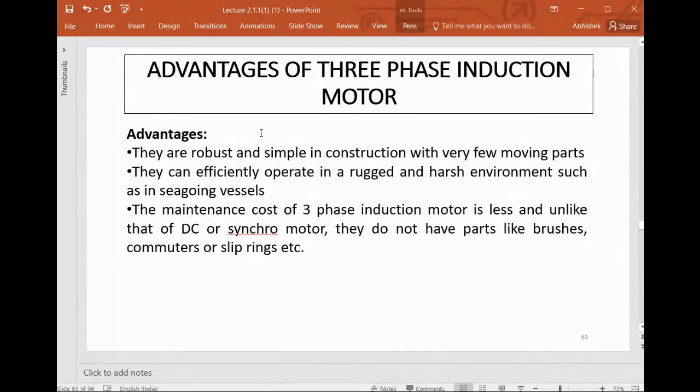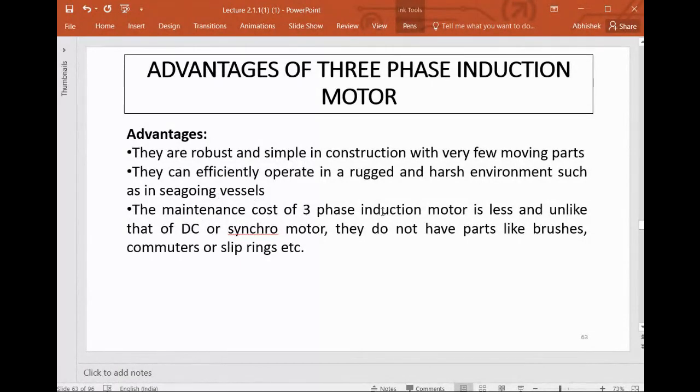Now, the advantages of the three-phase induction motor. They are robust and simple in construction with very few moving parts. They can efficiently operate in a rugged or harsh environment such as seagoing vessels.